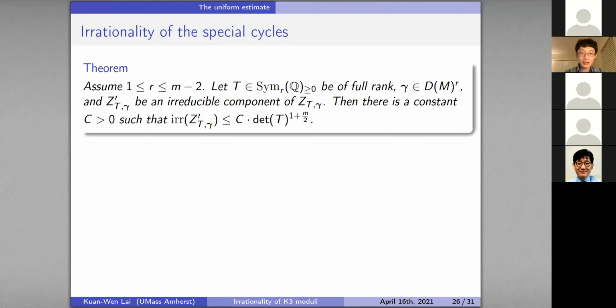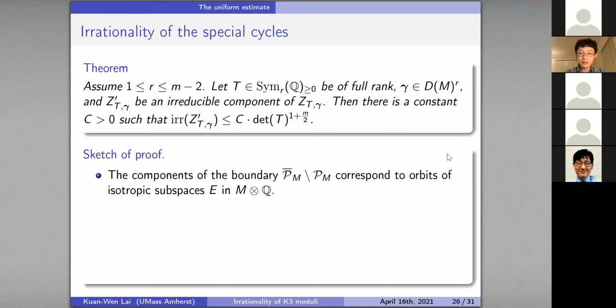Now let Z_{T,γ}' be an irreducible component in Z_{T,γ}, the special cycle determined by T and γ. Then we can find a constant C such that the degree of irrationality of this irreducible component is bounded by C times the determinant of T to the power 1 plus m over 2.